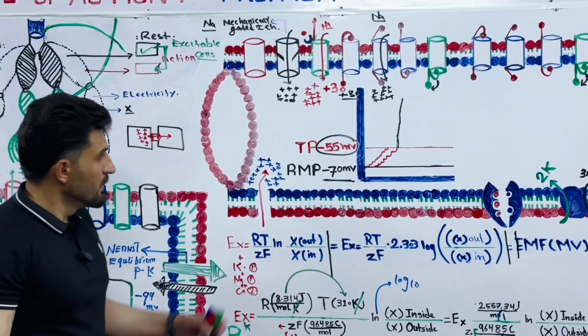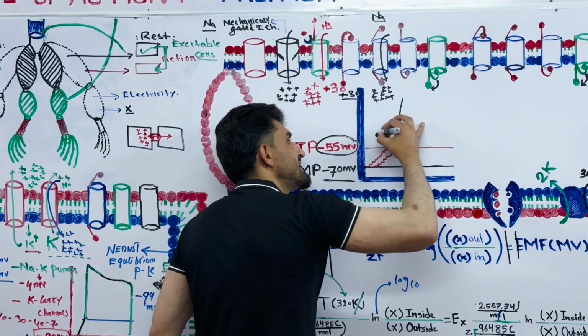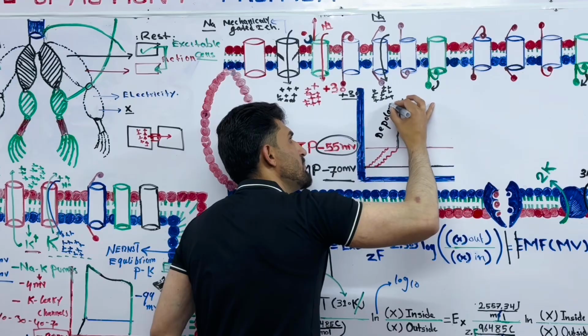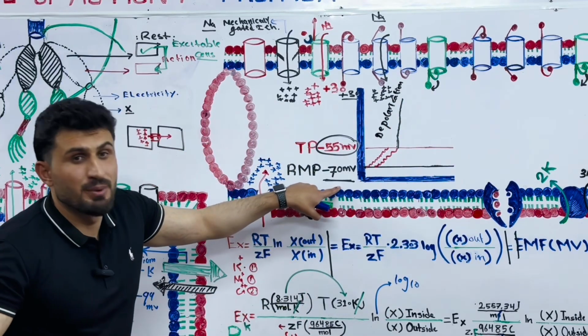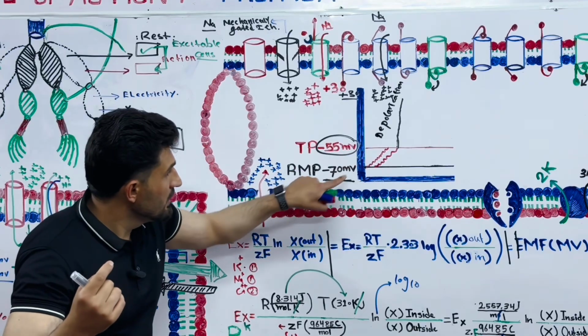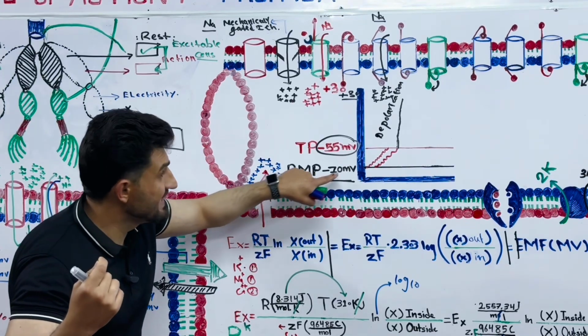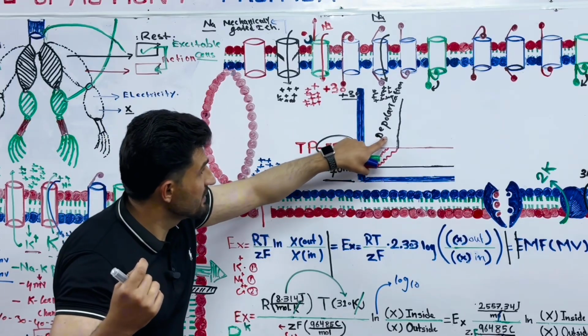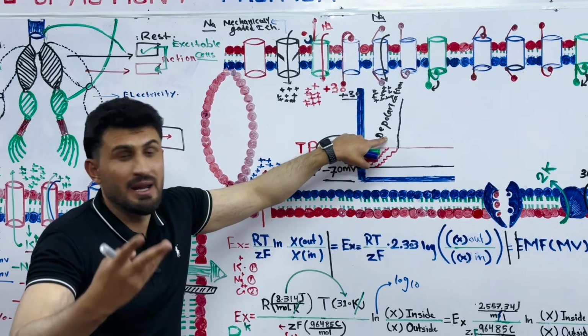From negative to positive, and this step is called depolarization, because previously our cell was at polarized state, and when we lost our polarity or our negativity, that's why this is called depolarized. D means I lost my polarity.